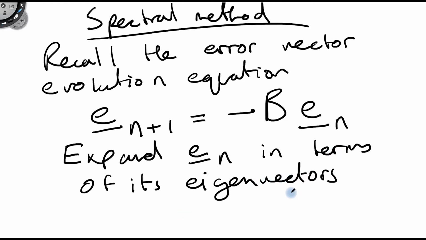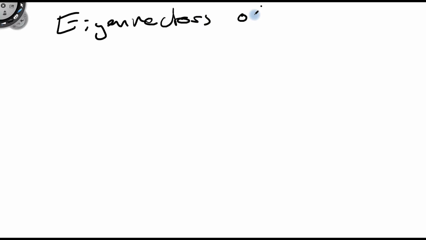So I'm going to assume that we can expand the error in terms of its eigenvectors. Let's define the eigenvectors of minus B, and call them v_i.